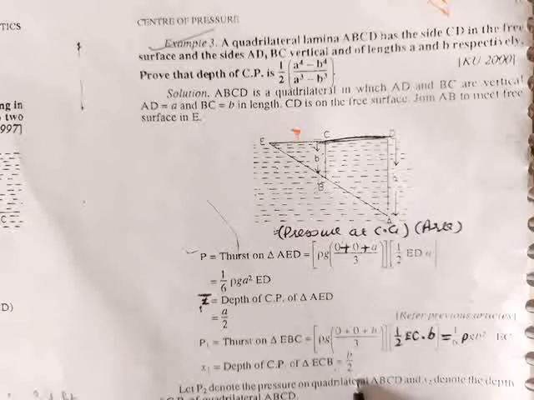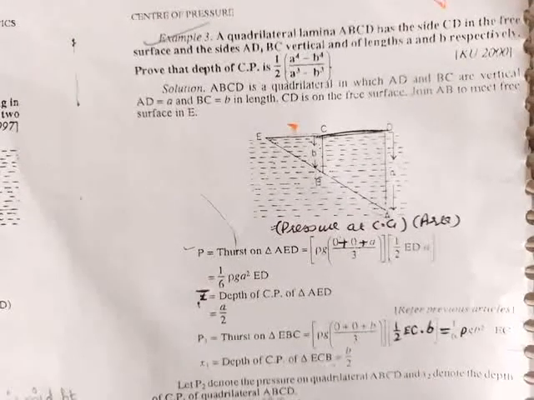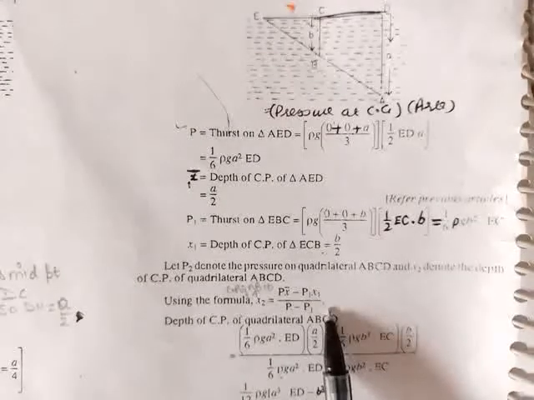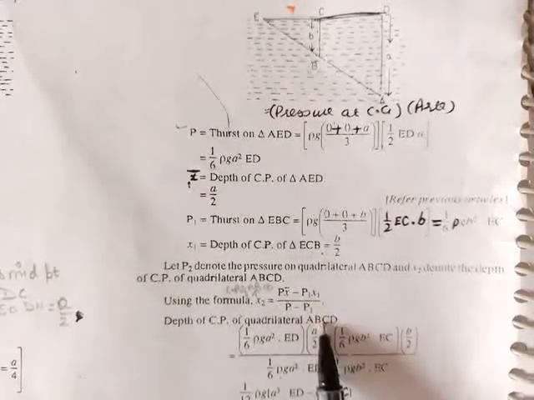Now we can substitute these values in the formula to get the depth of center of pressure of the quadrilateral lamina, which is given by P into x bar minus P1 into x1 upon P minus P1.